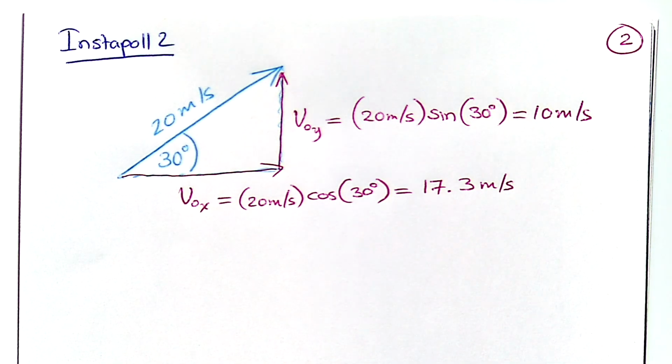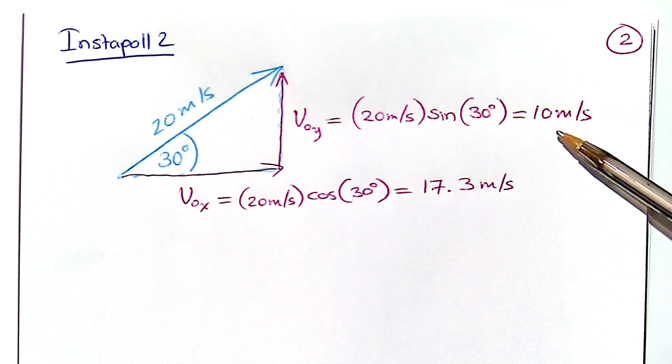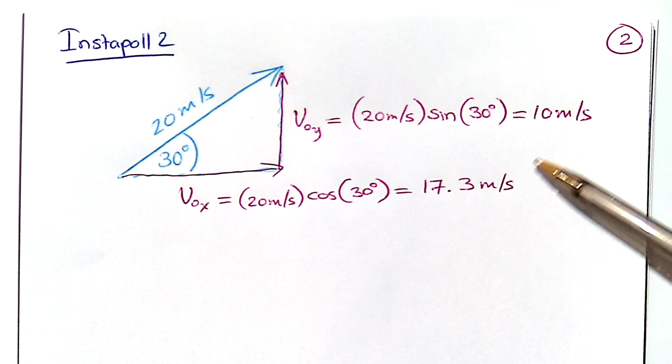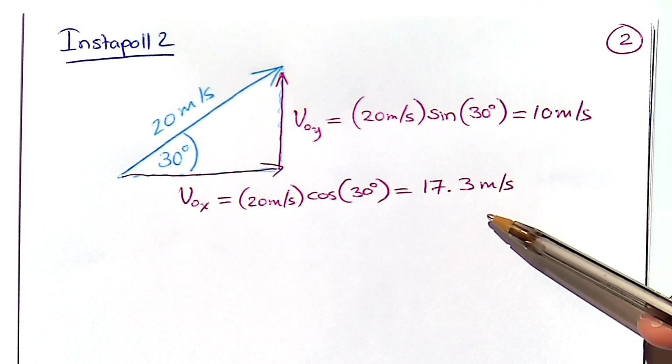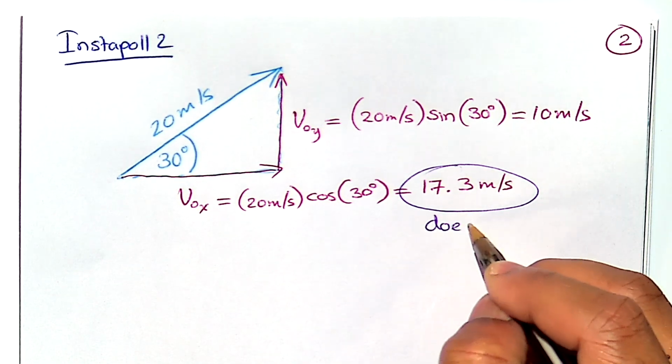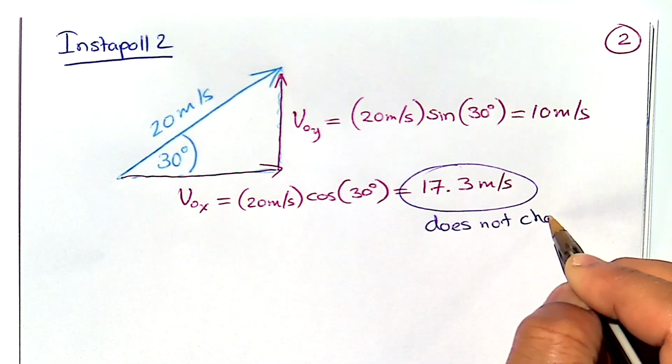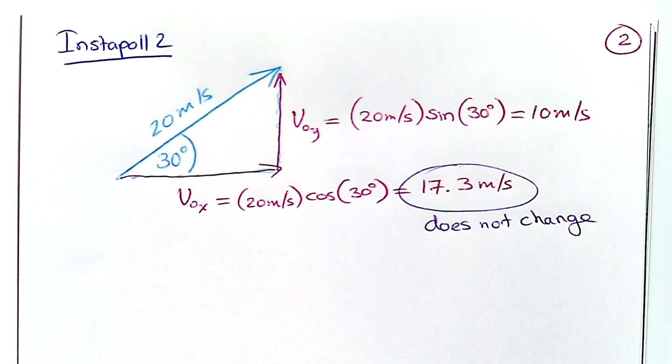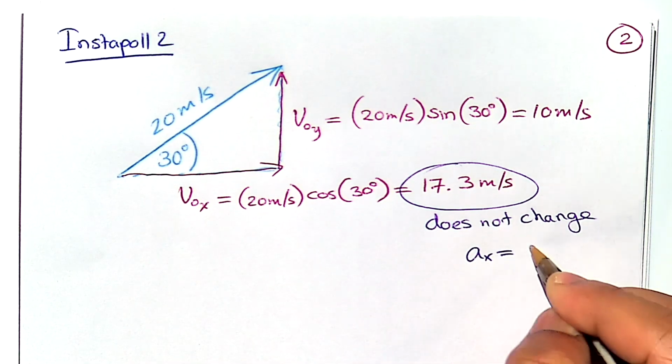So the physics of this is that this number should change. Why does this number change? Well, there is an acceleration in the y direction, so this number is not going to be 10 the whole time. Okay, that's noted. Now we come to the x component. This number does not change through the whole thing, because there is no acceleration in the x direction.